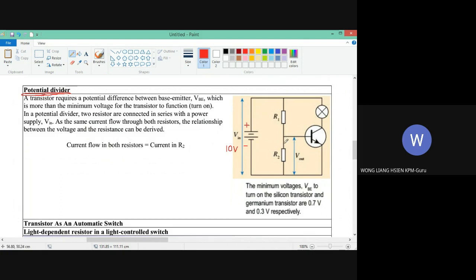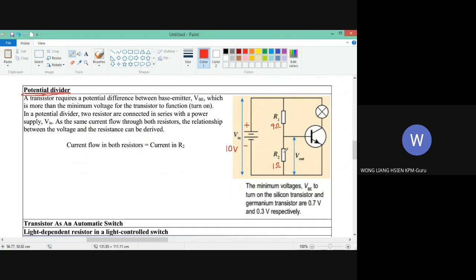When we connect the two resistors here in series, if this resistor is 9 volt, this is 1 volt.